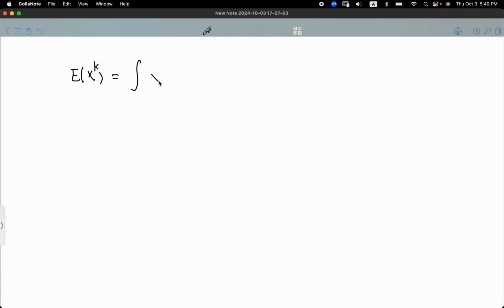First let's write down x raised to the power of k, and then we have the probability density function. Now all we need to do is simplify this and get a closed form, and that will serve as the moment for an arbitrary kth moment.